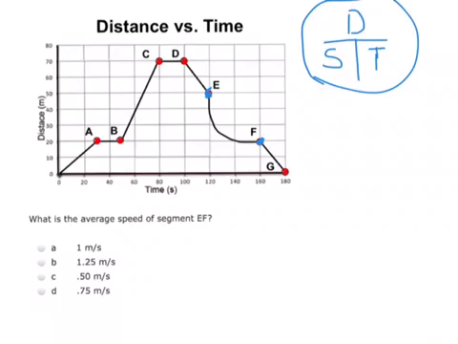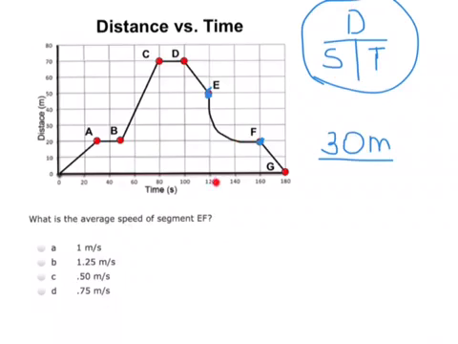So if we look at our segment, we're looking to see first the distance that it traveled. From E to F, the distance was 50 at E, and at F it was 20. So the difference there is 30, 50 minus 20. Now we need to look at the time, distance divided by time.